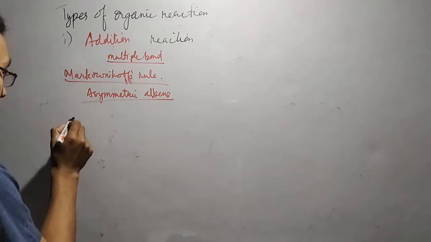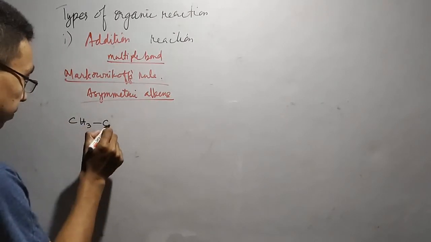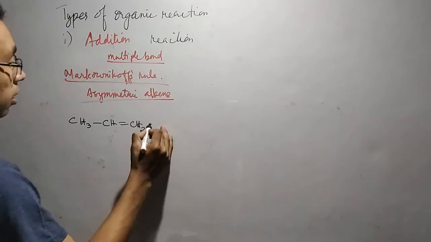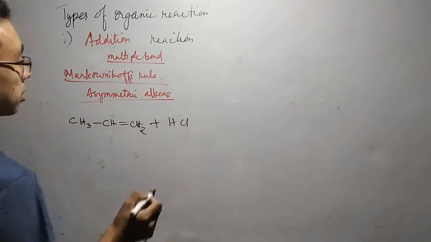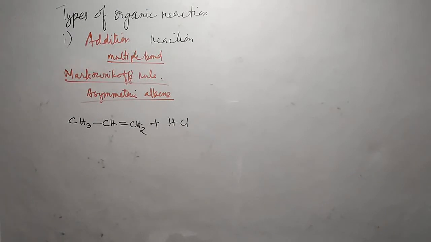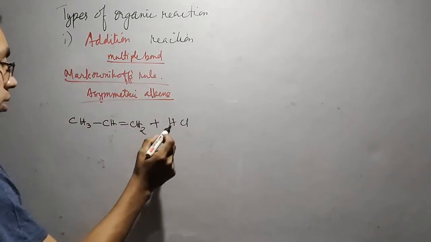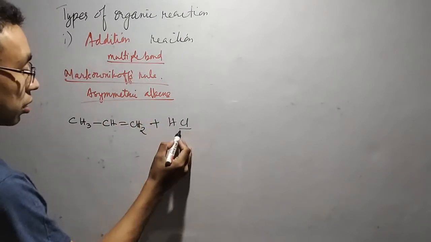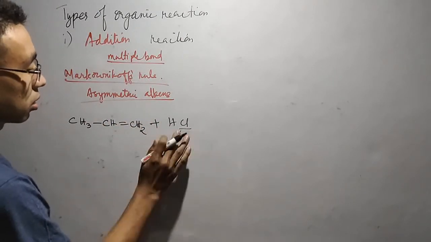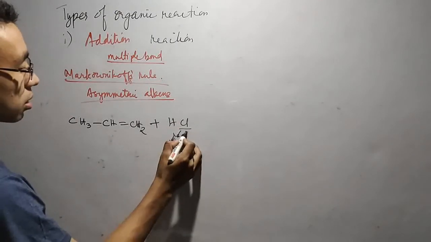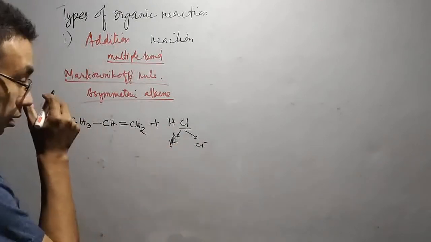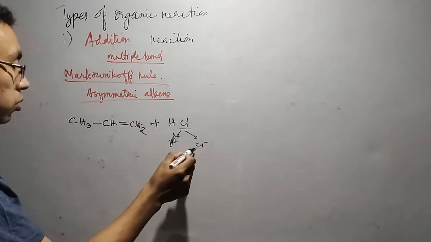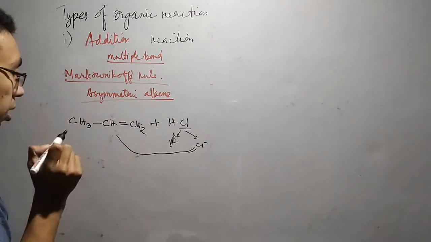According to Markovnikov's rule, say for example like this, in the presence of HCl, this Markovnikov's rule states that the attacking reagent refers to the negative charge. So this is H plus, and the other one will be Cl minus.